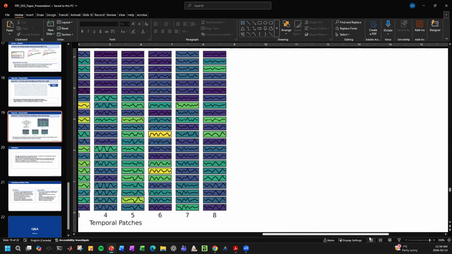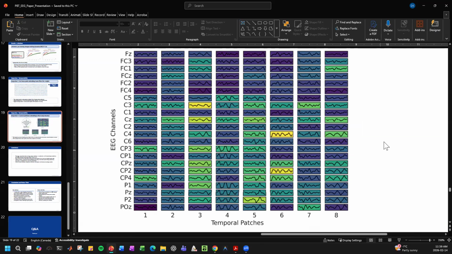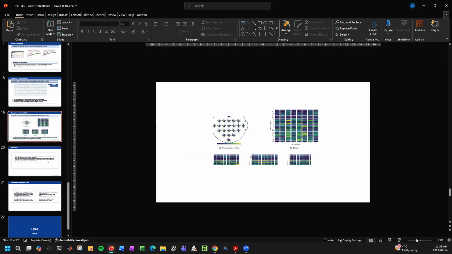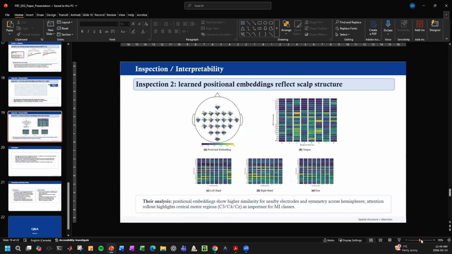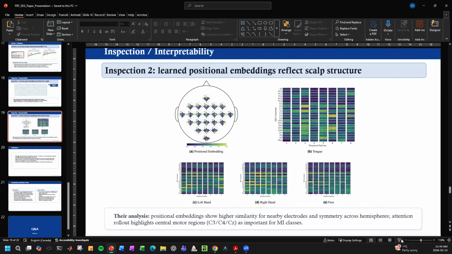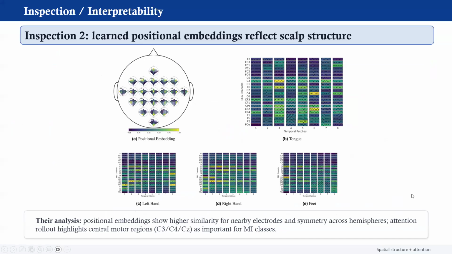Another thing they have done is that they have looked at attention maps in a sense. But what was really interesting to me was they've only done this for one subject. So what you see over here, these 4 plots are just for the first subject.